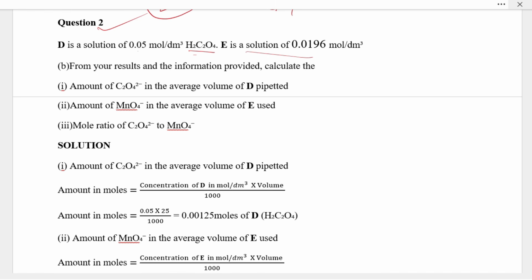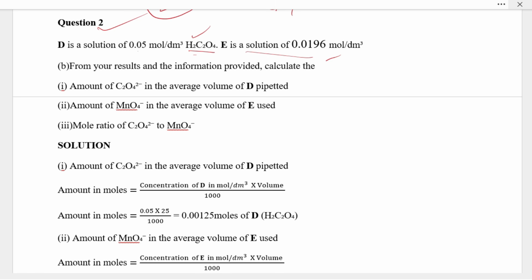From the information, calculate the amount in moles. Now look at this question. There's a twist. There is no equation, and you are only given the oxalic acid, not the KMnO4. So it's suggesting that I'm going to be calculating the mole ratio of the oxalic acid to KMnO4.